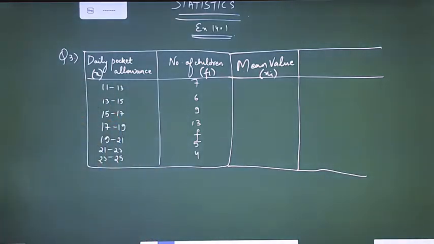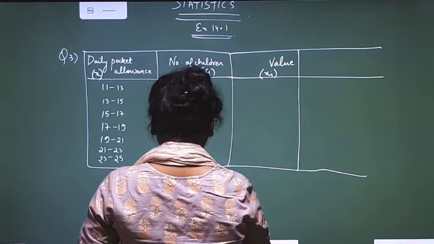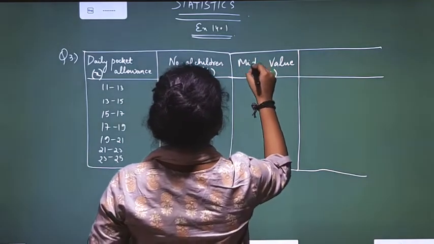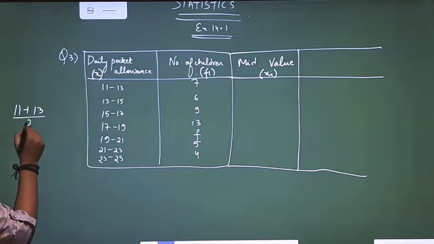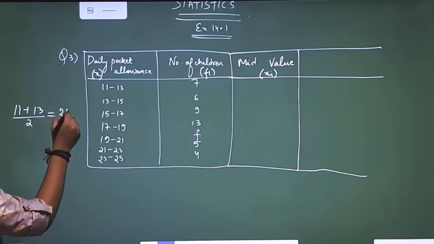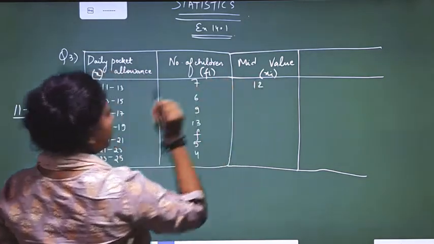See, how do we find the mean value or the mid value? Lower limit plus upper limit by 2. So this comes out to be 24 by 2, that is 12. So the mid value for this will be 12.